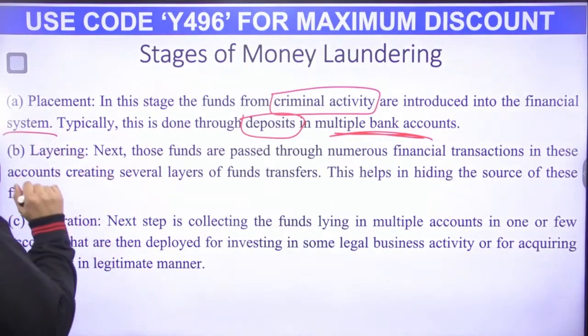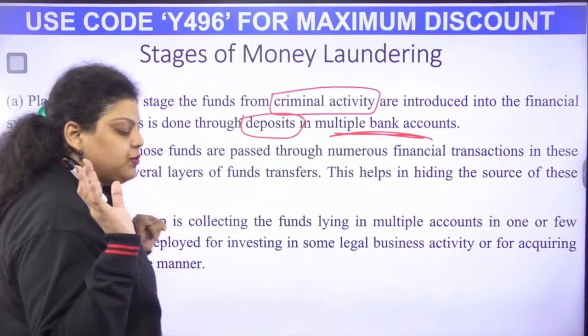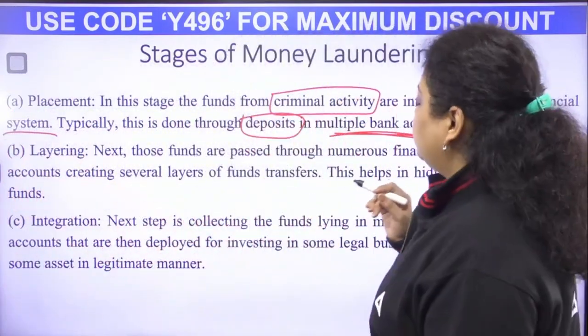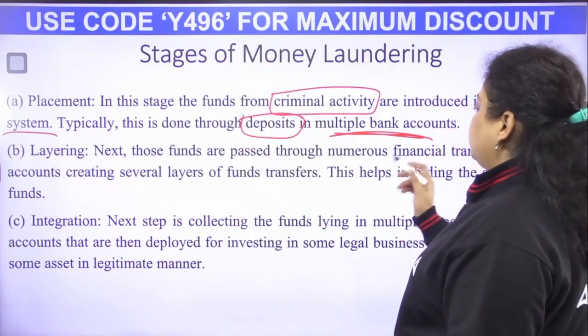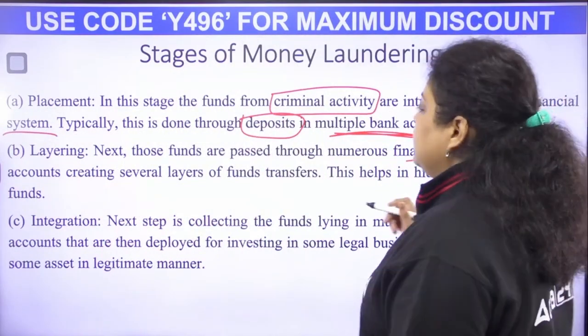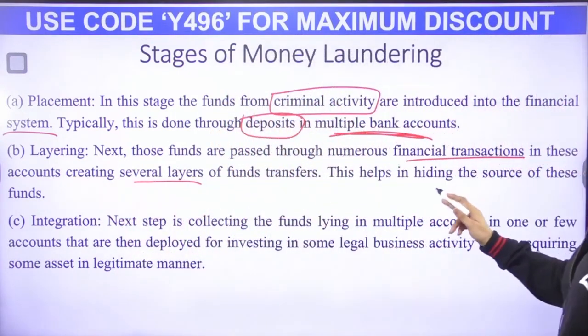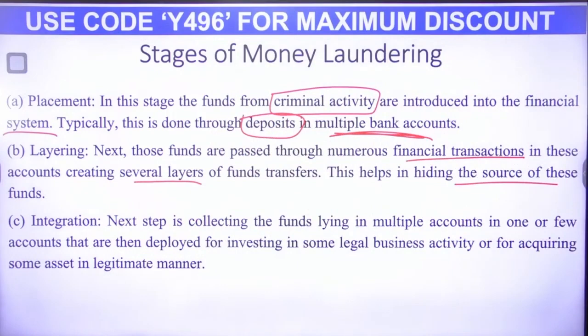Now we have the next step, that is layering. Now you have to create a complex network of transactions of your money. Next, those funds are passed through numerous financial transactions in these accounts, creating several layers of fund transfer. This helps in hiding the source of the fund.